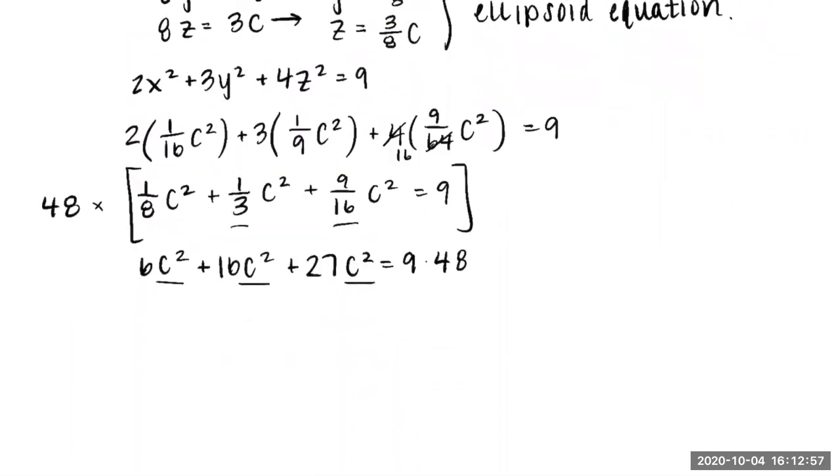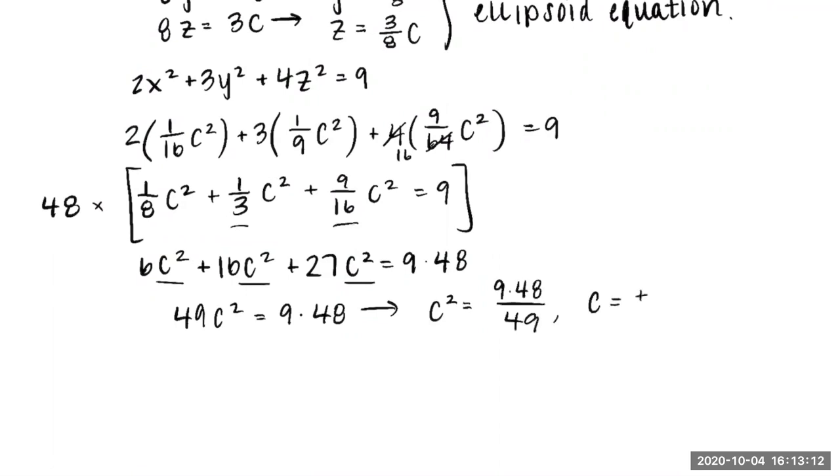So adding up all of the c squared terms here, I get 49c squared equals 9 times 48. In other words, c squared equals 9 times 48 divided by 49. So c is plus or minus the square root of 9 times 48 over 49.